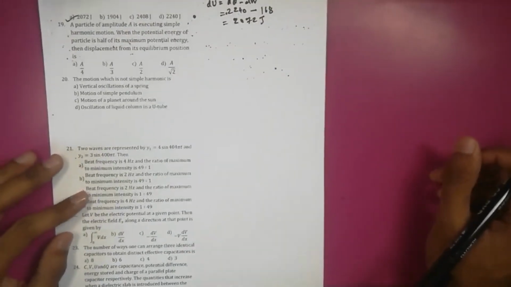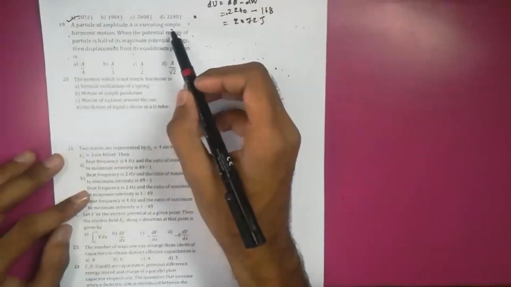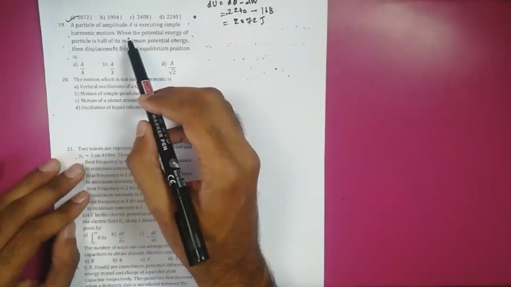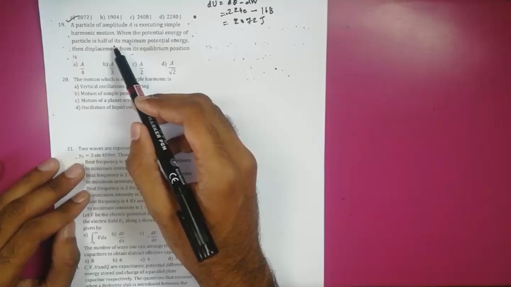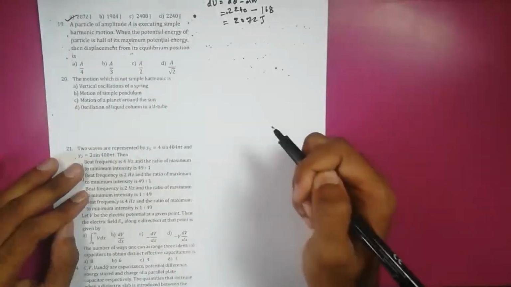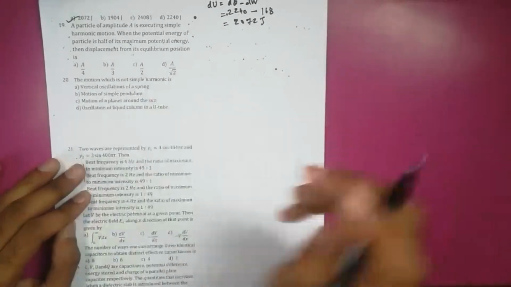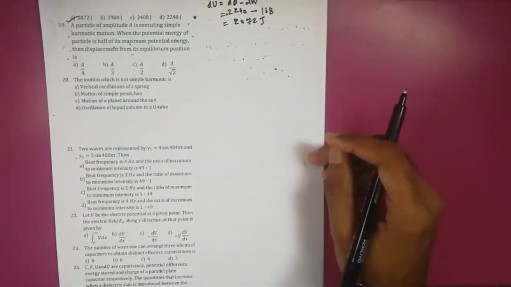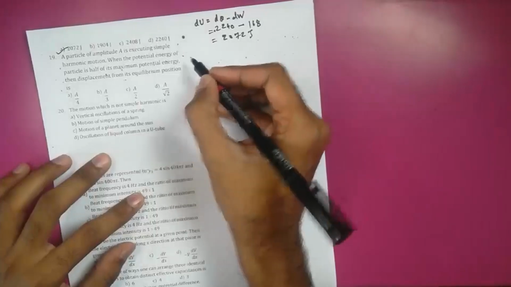Okay, now the simplest thing is to know that your potential energy is given by half m omega square x square, right? So in this case we know that it is oscillating. The particle is executing simple harmonic motion, given by this formula.